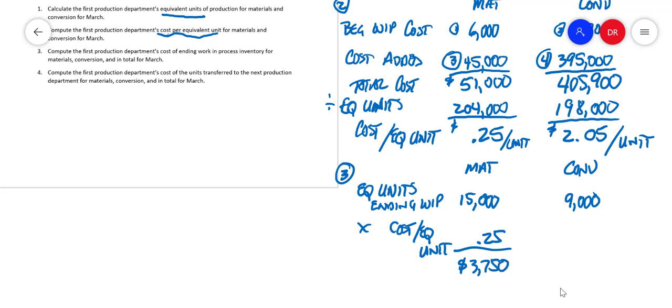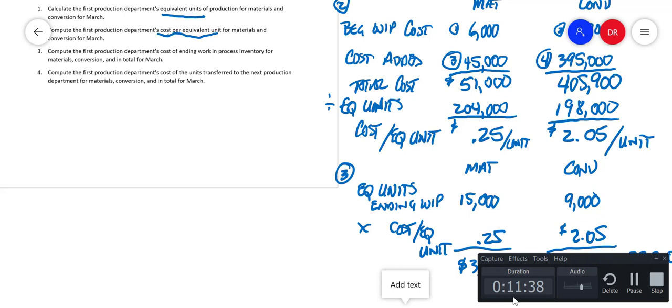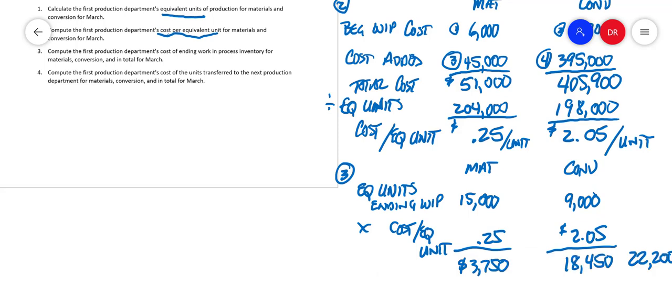And over here it's $2.05, and that gives us 18,450 and a total of 22,200. Okay, so that's the cost in ending work in process.